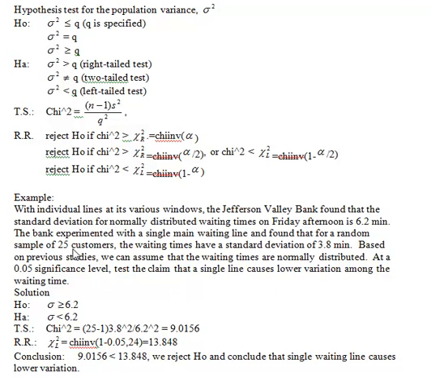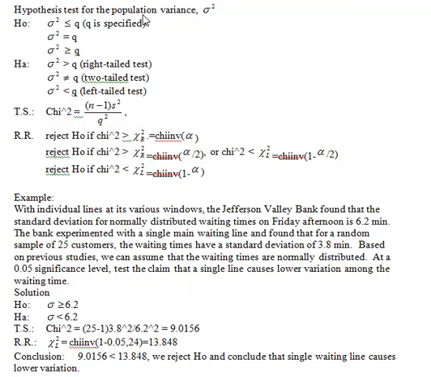Sample of 25 customers, so n equals 25, and alpha is 0.05. So now we can set up our hypothesis test for the variance.